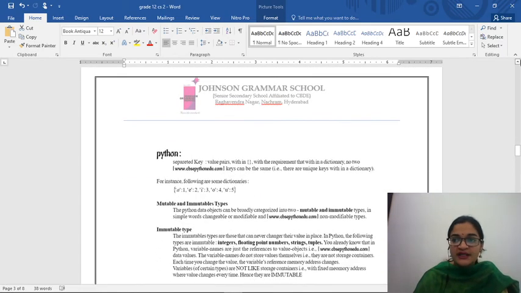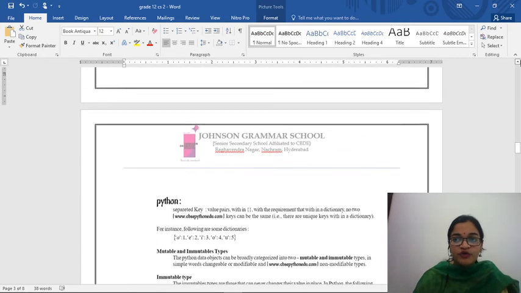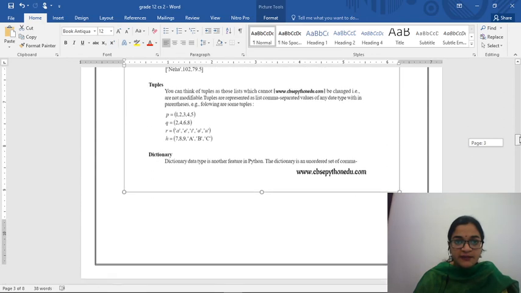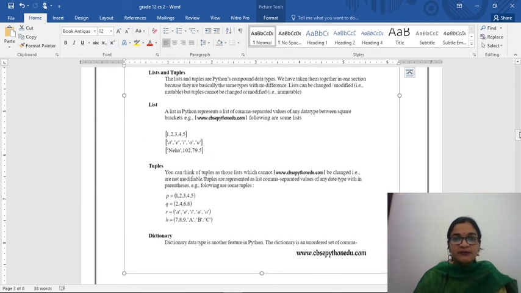So what do you mean by list? First and foremost, we have seen n number of examples for lists and tuples as well. A list is nothing but comma separated values of any data types within square brackets. Like the example in this square bracket: 1, 2, 3, 4, 5. All these are integer data types.